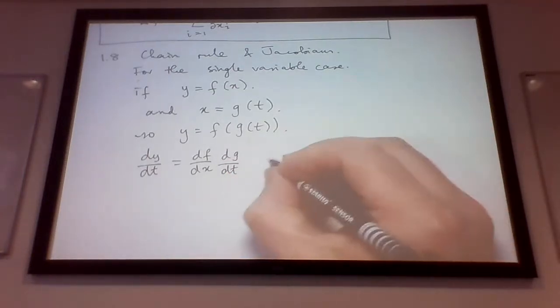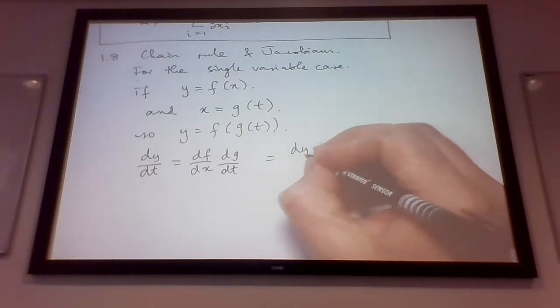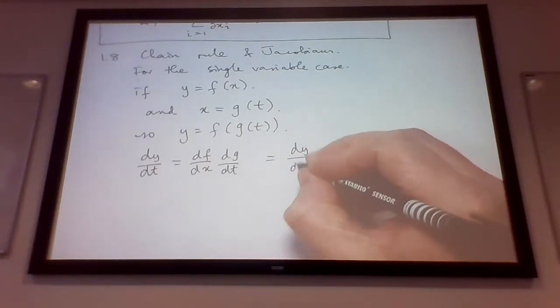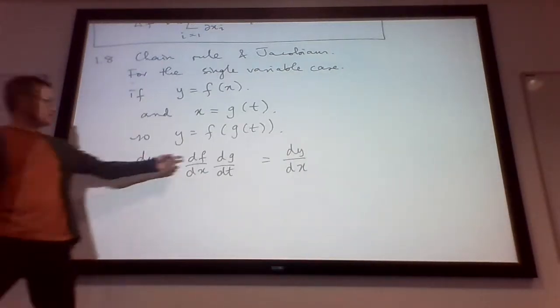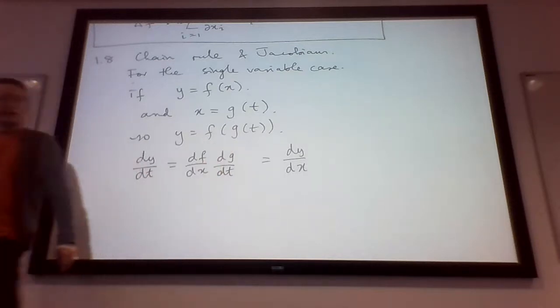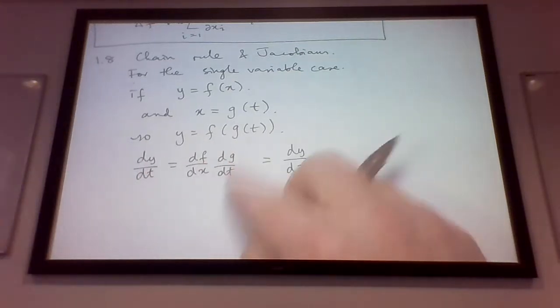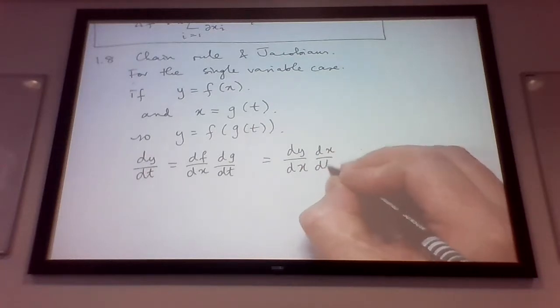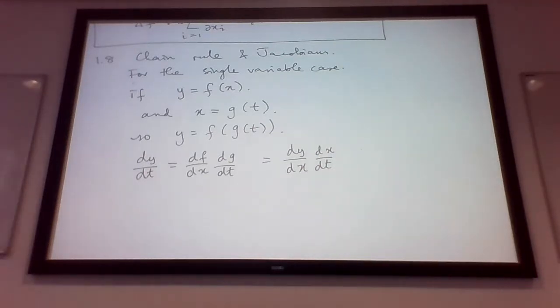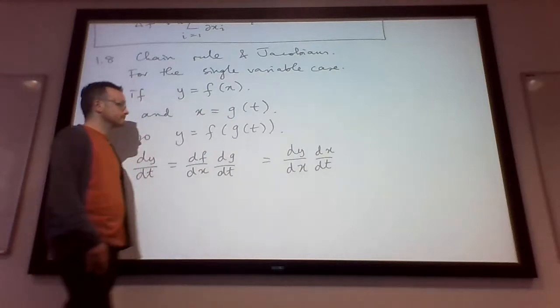Or indeed, you might express that as the derivative of y with respect to x, since y is equal to f of x, so the derivative of f with respect to x is dy dx, and the derivative of g with respect to t, another name for that is dx dt, because x, as it depends on t, is given by the function g.